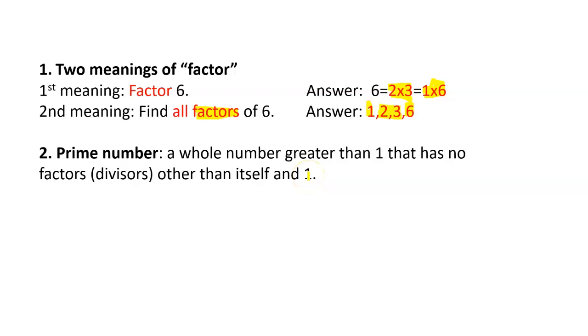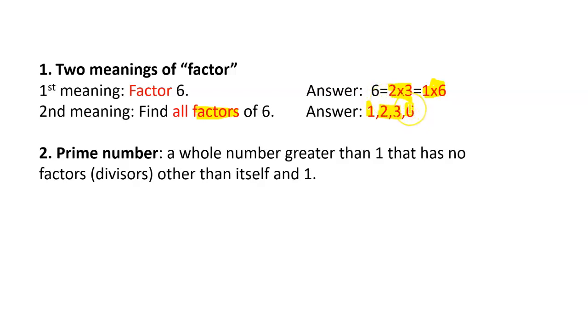From the example 6, the number 1 can go into any number, so one of the factors of any number is always going to be 1. And the other factor is the number itself. For example, 6 can go into 6.